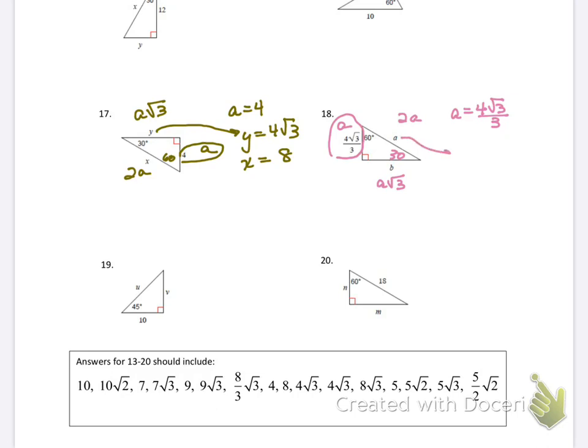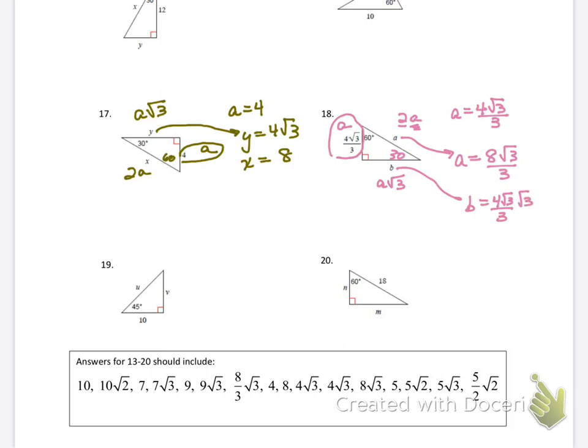All right, confusing again. Their A has to equal 2 times my A, so 2 times 4 root 3 over 3 is 8 root 3 over 3. Remember, don't multiply inside that radical with that whole number too. Okay, so their B has to be my A, which is 4 root 3 over 3 times A root 3.